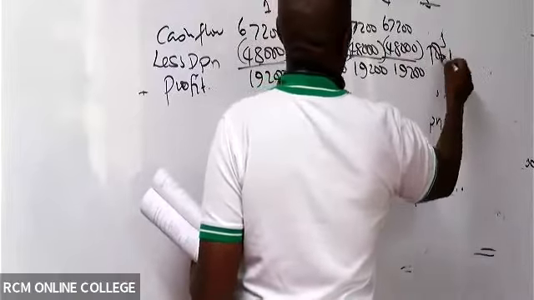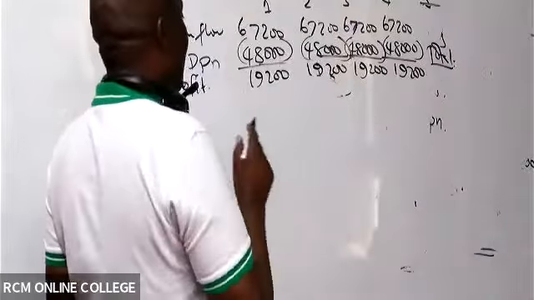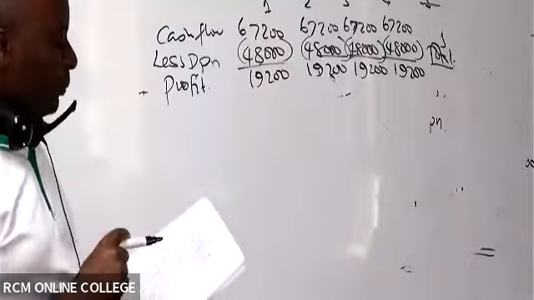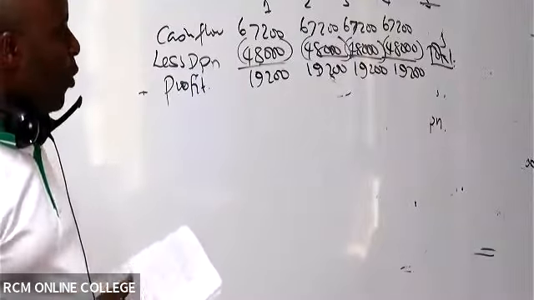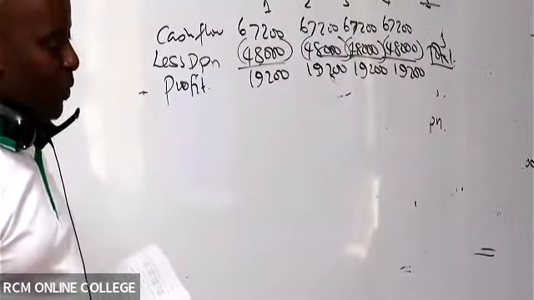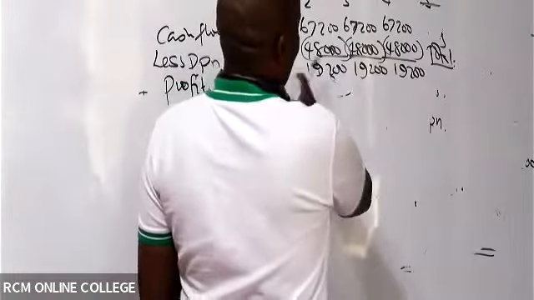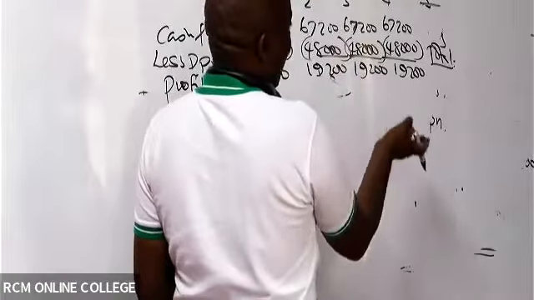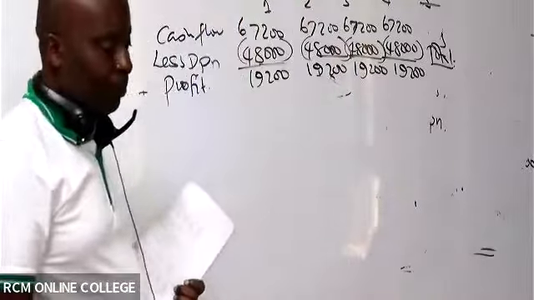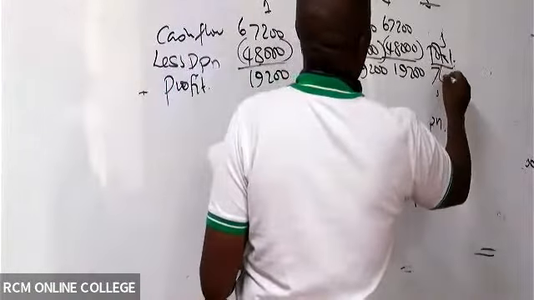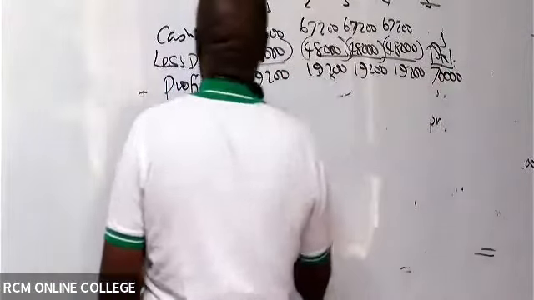Remember this is the accounting rate of return, but for 4 years. So you take this figure times 4. How much are we getting? We are getting 76,000. This is straight line, no problem.